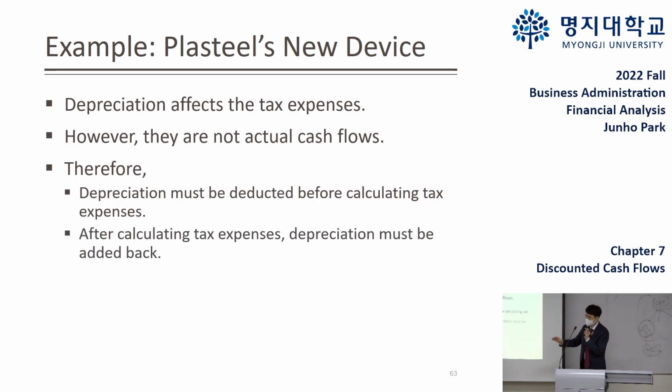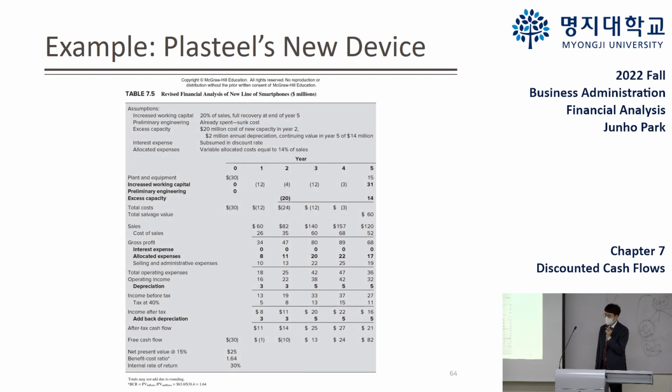Second, because depreciation is not an actual cash flow, we add it back to our calculation so that we actually find the true valid cash flows from our project. So we have changed several things, and that will be our modified projection about this new project.